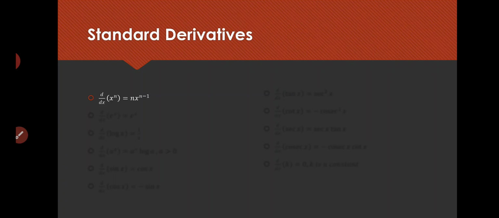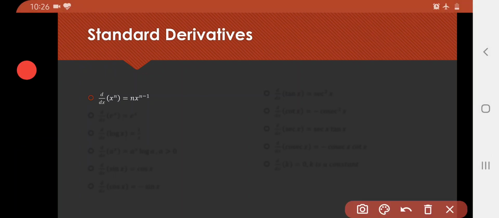That is pretty much clear. If n becomes 0, then it will become a constant, then the whole thing will become 0. So here I must add that n is not equal to 0. This must be added. Fine.